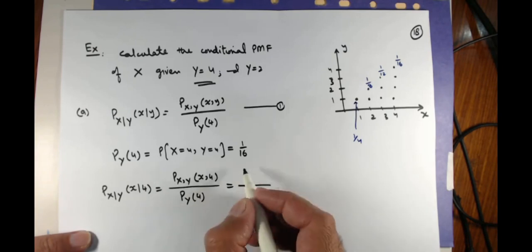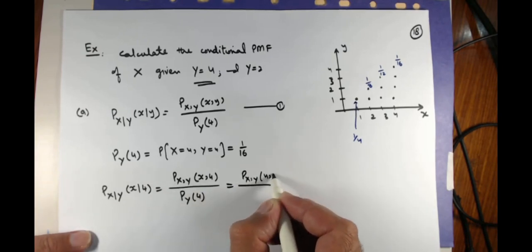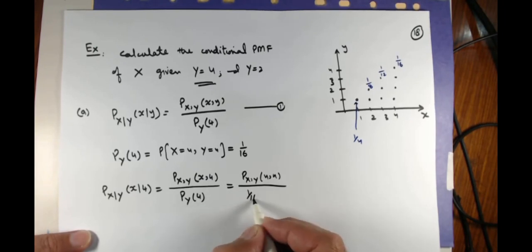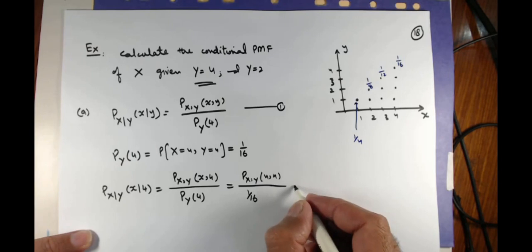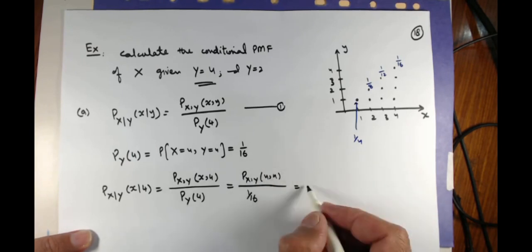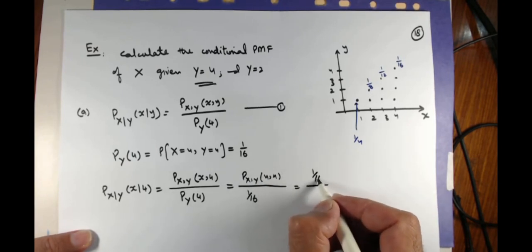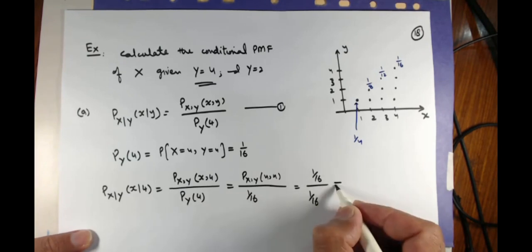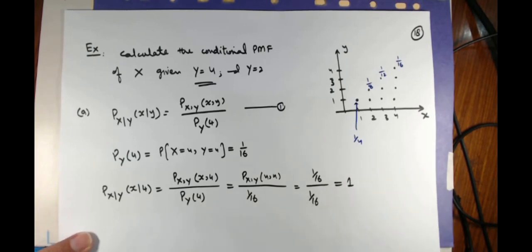So P sub X comma Y of 4 comma 4 divided by P sub Y of 4, which is 1 by 16. So this is 4 comma 4 probability 1 by 16, and the denominator is again 1 by 16, so it is total probability 1.